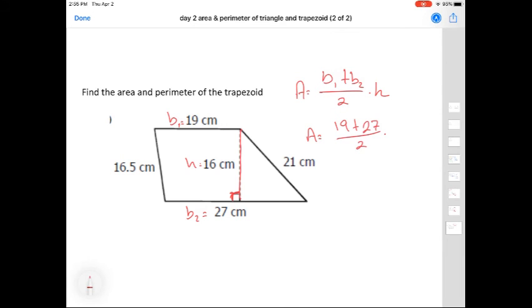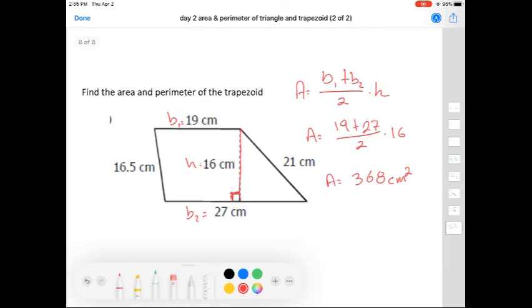Divide that by 2, multiply by 16. Just like we did on the other one, we can take it one step at a time and simplify, and we get a total of 368 centimeters squared.